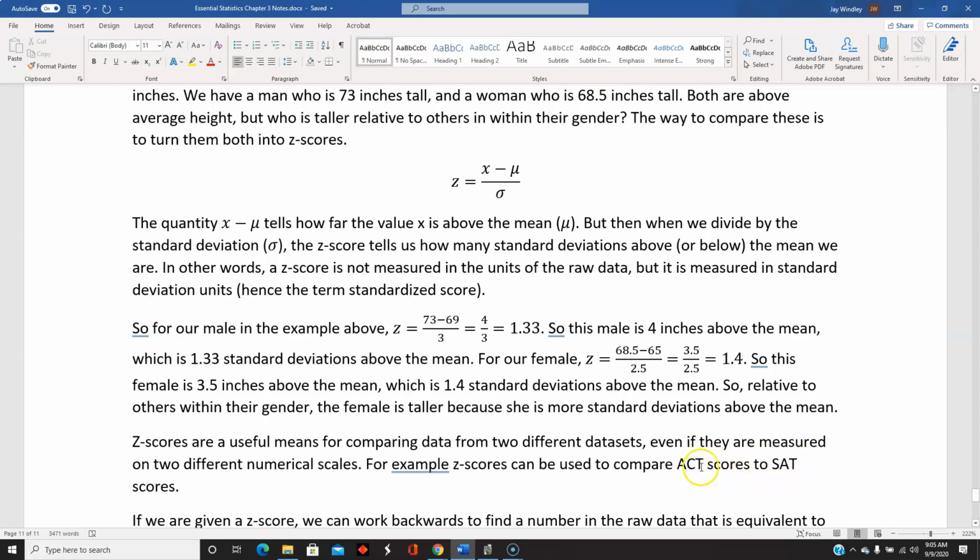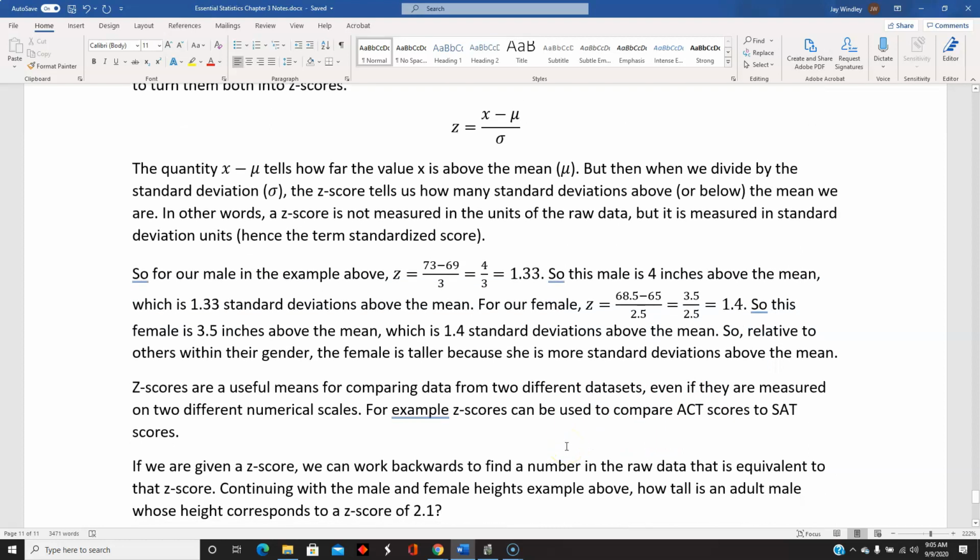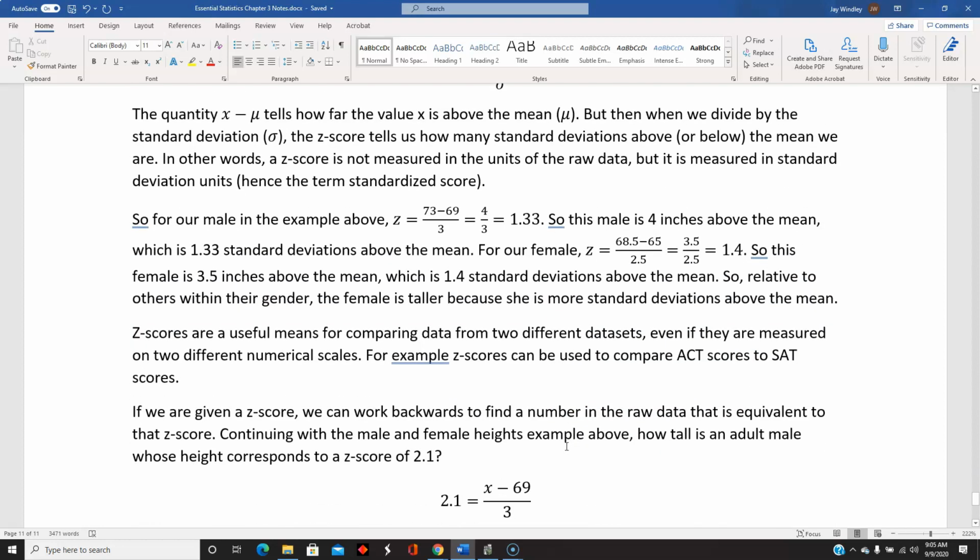And all you need to do is turn someone's ACT score into a z-score. By the way, this whole topic is called z-scores because it came from the field of education and talking about test scores.